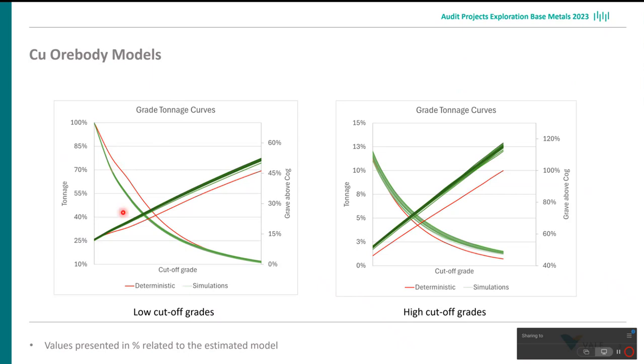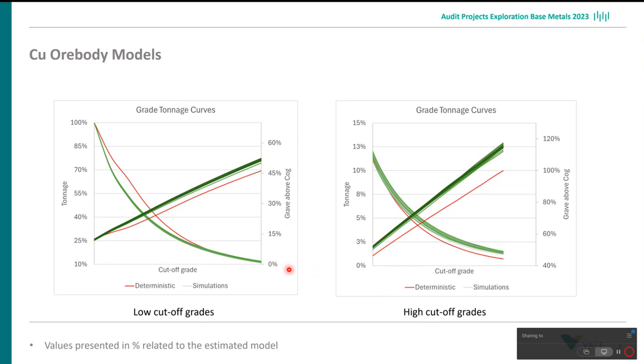In this case, we see that for low cutoff grades, the estimated model, as we've seen over and over, overestimated the amount of tonnage. We have a breaking point more or less here. And for higher grades, it underestimates the amount of tonnage present in the deposit.